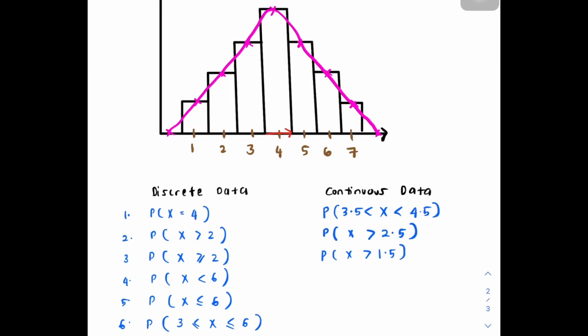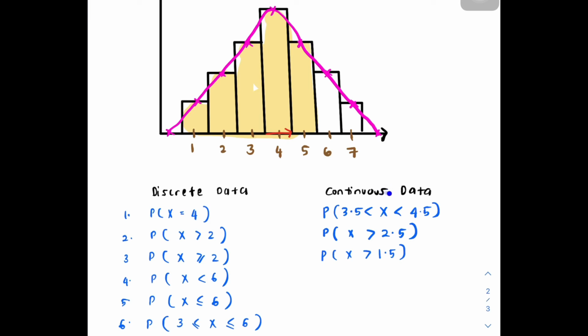Okay, let's say we have number 4. P(x < 6). Less than 6 means 5 and below. This is bar number 5 and below. So this is the coverage when you have x less than 6.